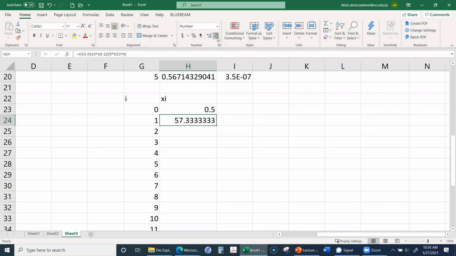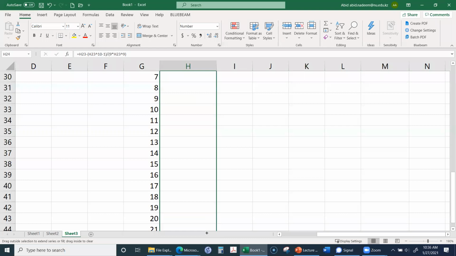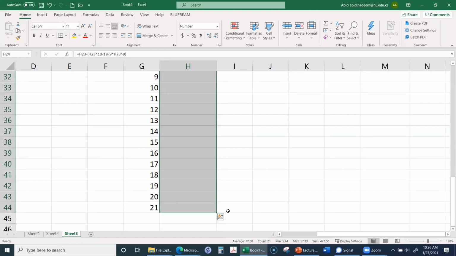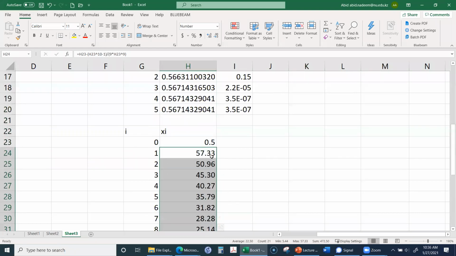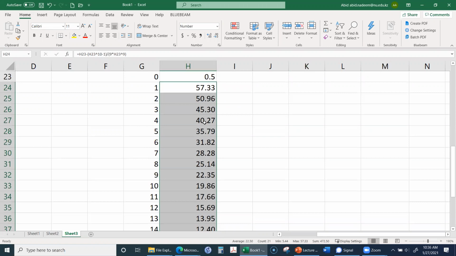In this case, I get like this, and then I just drag it down to like 21 iterations. So you can see that in this case, it is obvious that the correct solution is 1. We are moving towards the correct solution, 57, 50, 45.